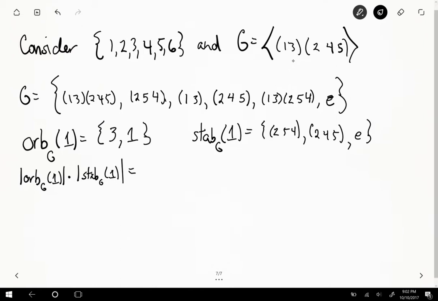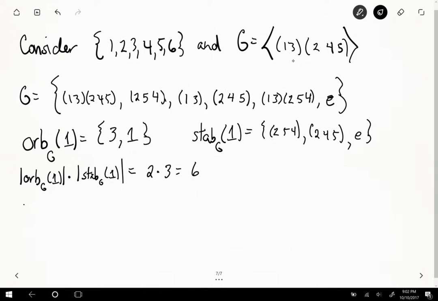So if you take the orbit, notice that had 2 elements, so this is 2 times 3. Right? Not to be confused, I did use the numbers 1 to 6. The set size didn't make much of a difference. I'm more focused on this orbit and stabilizer here. So you have 2 times 3, and notice that equals 6, essentially.